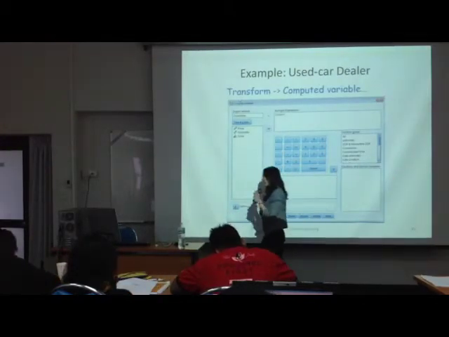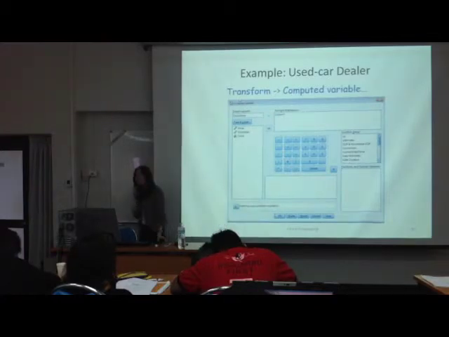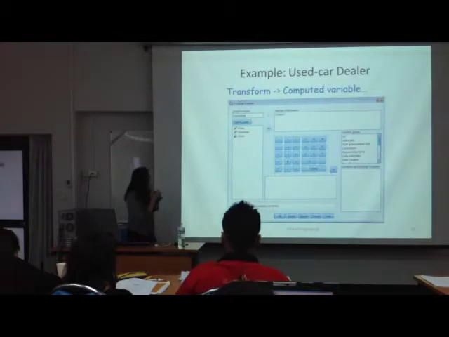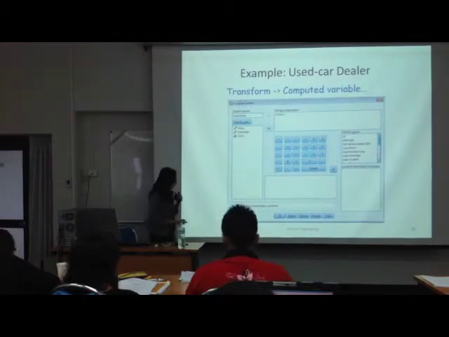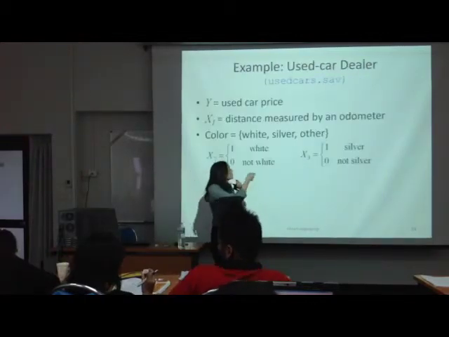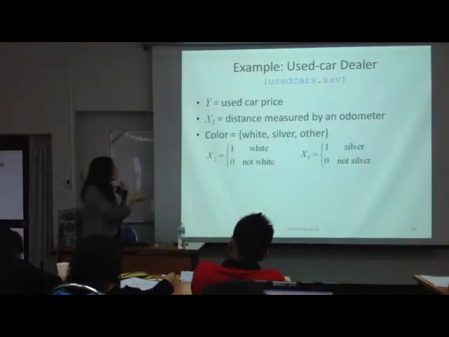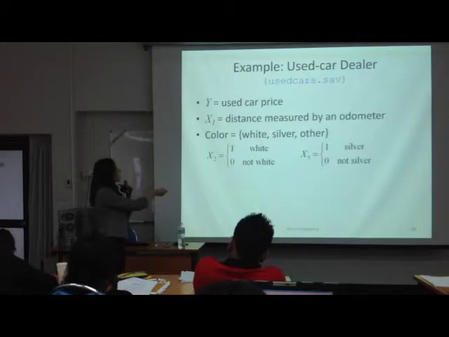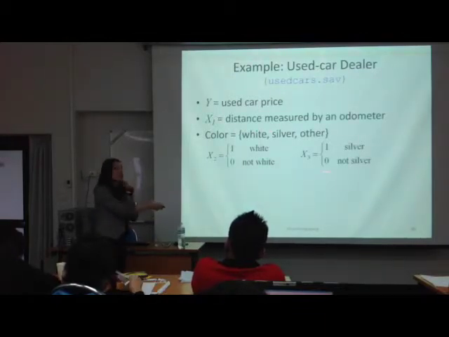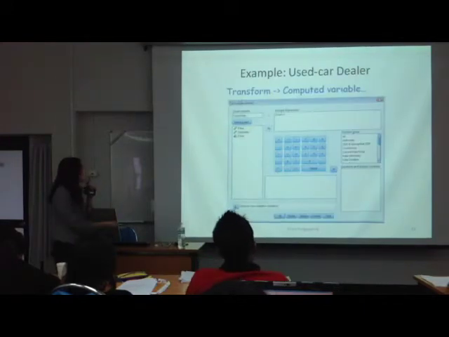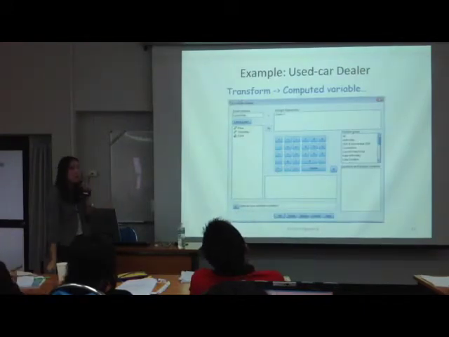Okay, so how to create a dummy variable in SPSS. In this SPSS file, we have only 3 columns, Y, X1, and color. But then we have to create 2 dummy variables. So we go to Transform, Compute Variable again.